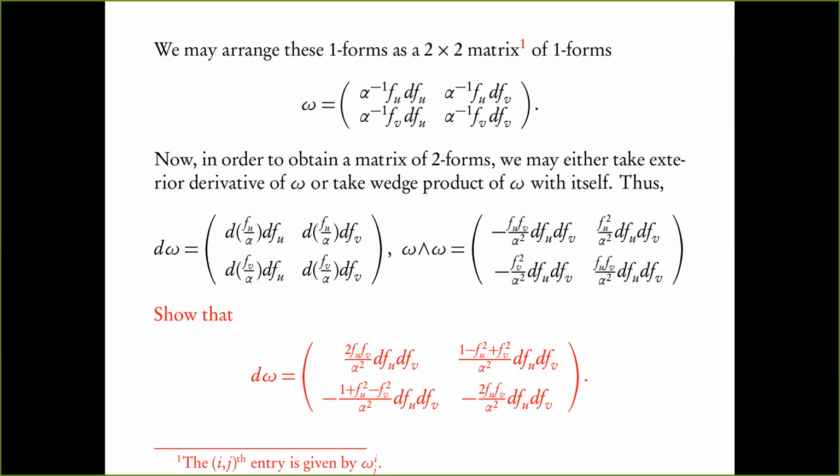So far so good. So we have 2 matrices of 2 forms. What can we do? Well, the best thing would be to combine them in some way to get one single matrix of 2 forms. Okay? So I'll make a remark here, not in the slides, but just verbally, that depending on the notational choice and the convention, sometimes people take d omega minus omega wedge omega, and sometimes people take d omega plus omega wedge omega.